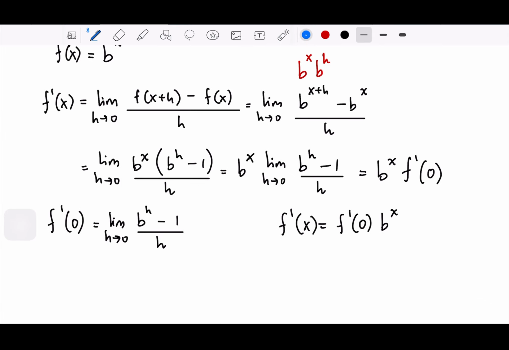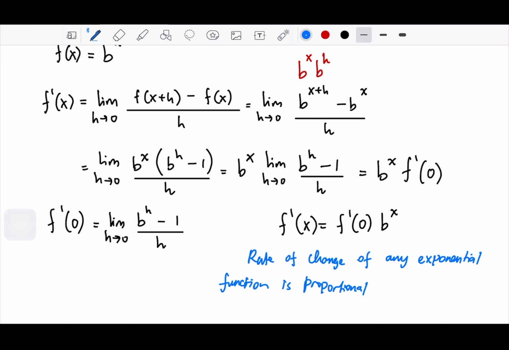So from here, this means that the rate of change of any exponential function is proportional to the function itself. So what does it mean?